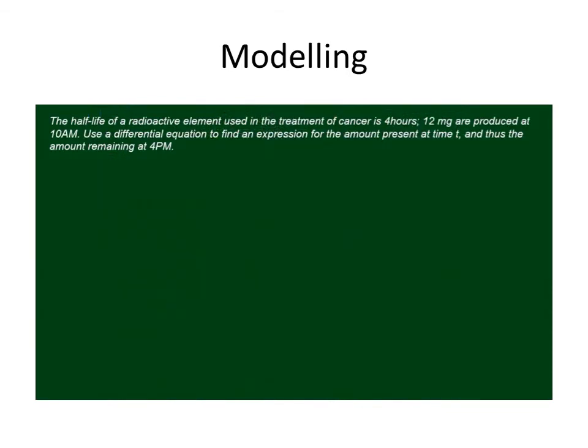Now half-life is commonly used to describe the rate of radioactive decay. What it simply means is how long it takes for the radioactive element to decay to half of its original amount. Okay, so let's set up this differential equation. Let M equal the mass of the radioactive element at time t. So M will be a function of t.